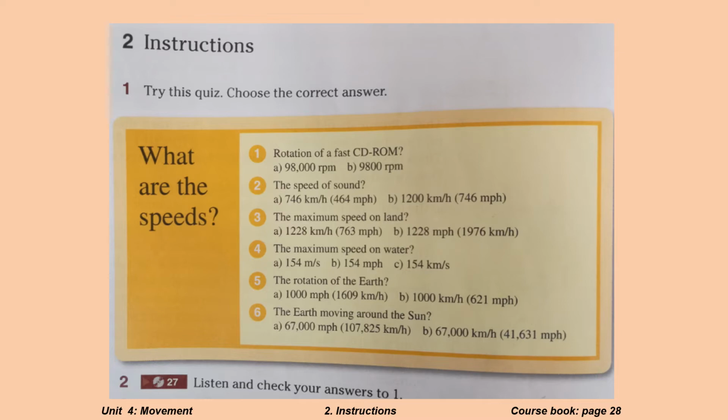1228 miles per hour, which is equivalent to 1976 kilometers per hour. 4. What is the maximum speed on water? Is it 150 meters per second, 150 miles per hour, or C, 154 kilometers per second?